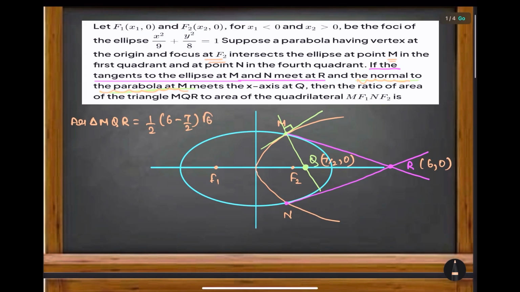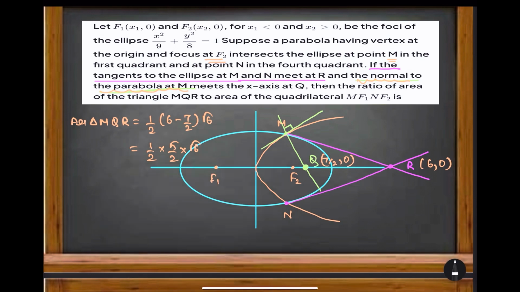So this is your area. For simplification, 1 by 2 times (12 minus 7) times root 6. So it is 5 by 2 root 6. So we got the area of the triangle as this.